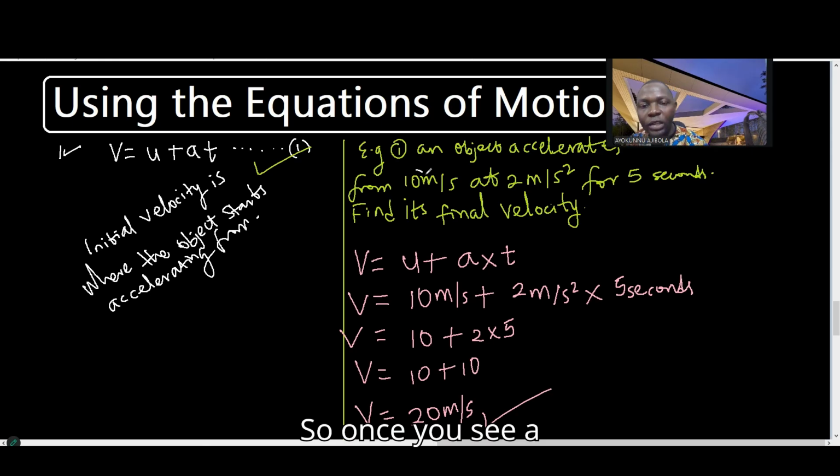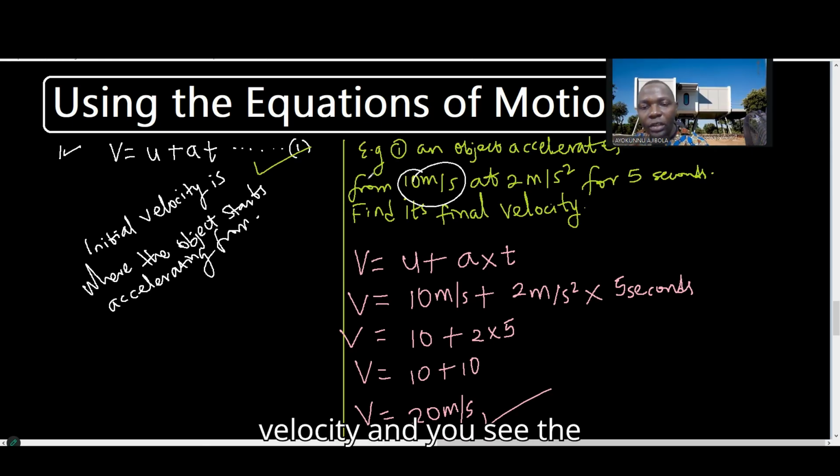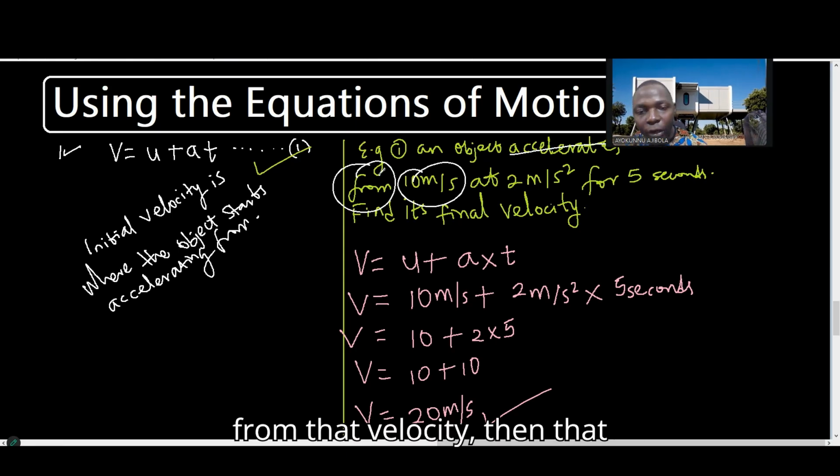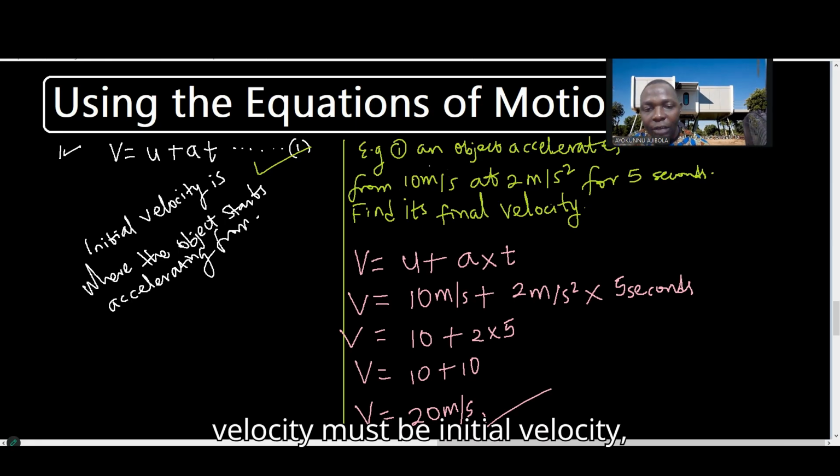So once you see a velocity and you see the word from, accelerate from that velocity, then that velocity must be the initial velocity, okay?